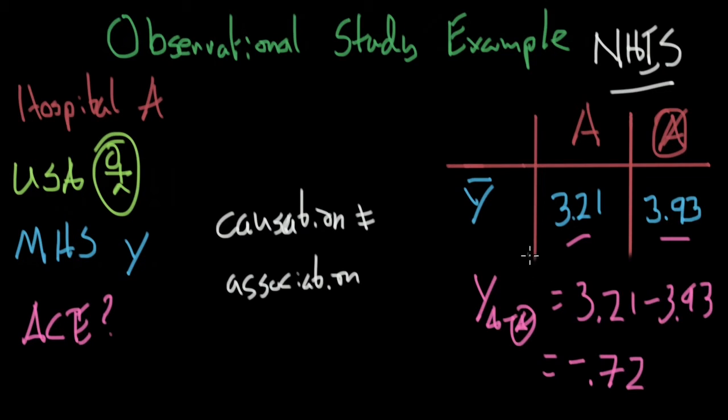How do we use this to figure out what the causal effect of going to the hospital is? Well, it turns out in observational studies specifically, we need to make lots of assumptions that we're going to be going over rather quickly. And these assumptions will give us the tools that we need to make this association claim into a causation claim.